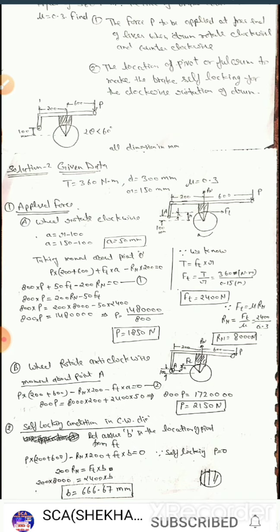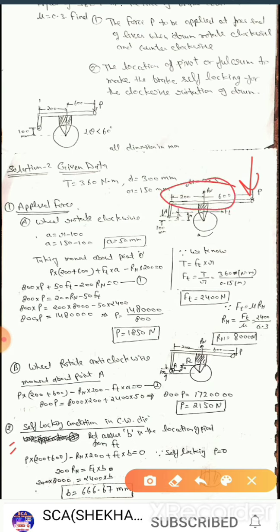Now move on to the second determination. Here we can develop a moment equation as P into 200 plus 600, minus Rn into 200 because Rn develops an anti-clockwise couple.